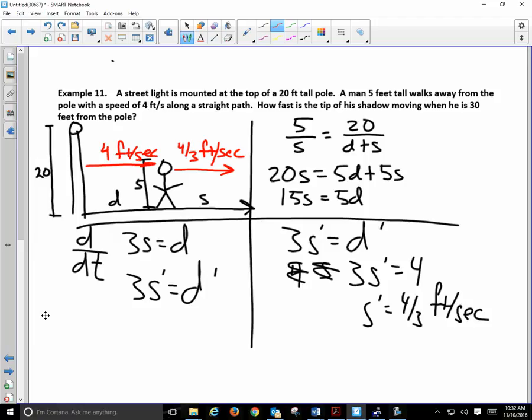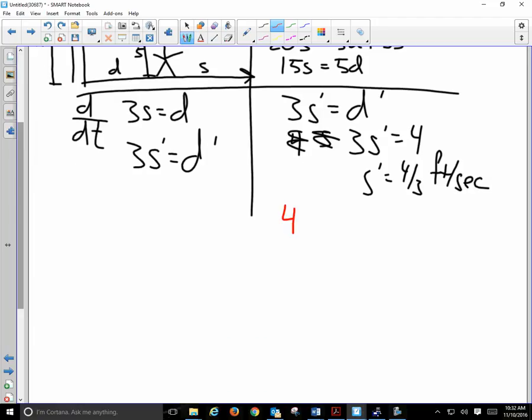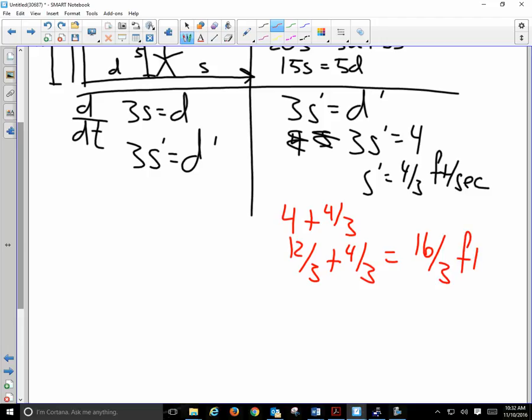But the tip of the shadow is actually moving at a rate of 4 plus 4/3, so 16/3 feet per second. Does that make sense? So the speed is relative to the object that you're working with.